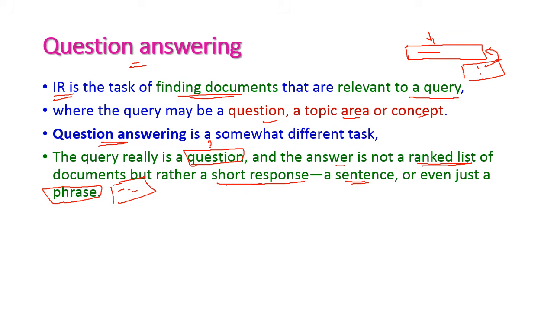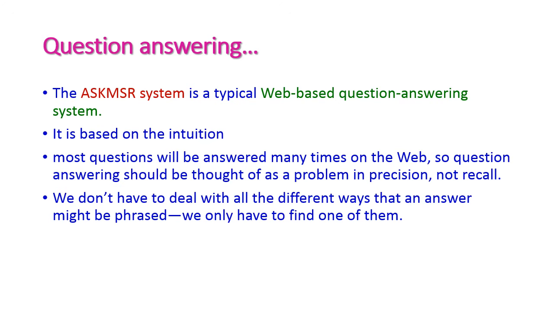In question answering, the query should be in the form of a question and the answer may be a very short response, that is a single sentence or a small paragraph of sentences. In question answering, the AskMSR system is a web-based question answering system. It is based on the intuition, that is, the perception, that most questions will be answered many times on the web. And question answering should be thought of as a problem of precision, not recall.